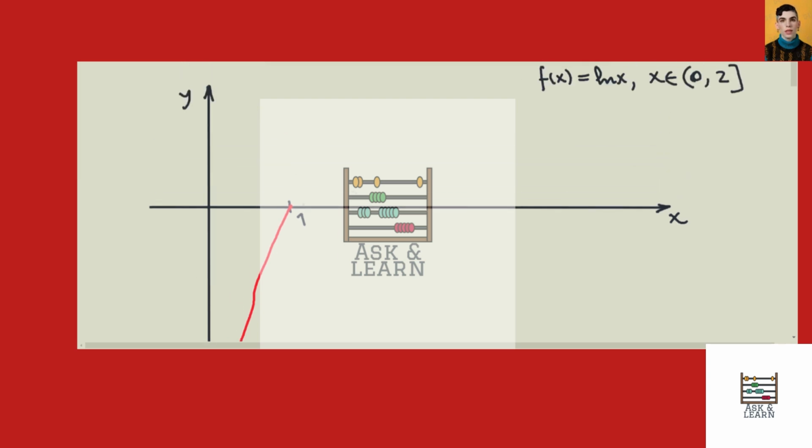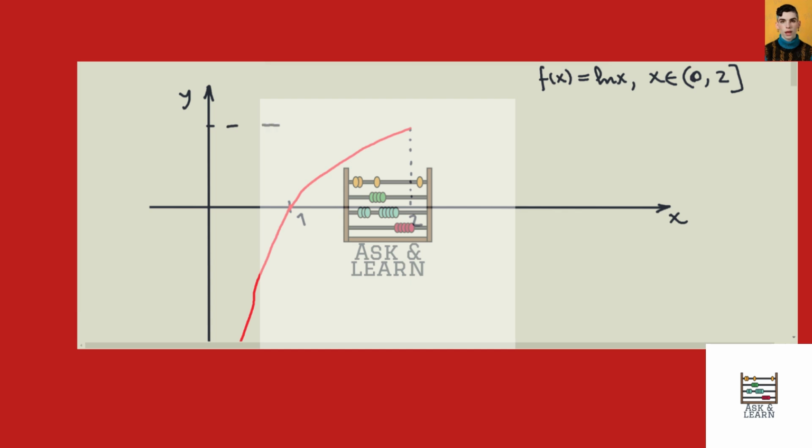That's for that part. And now the natural logarithm is positive when x is greater than 1. And we have this value at, let's say, 2.